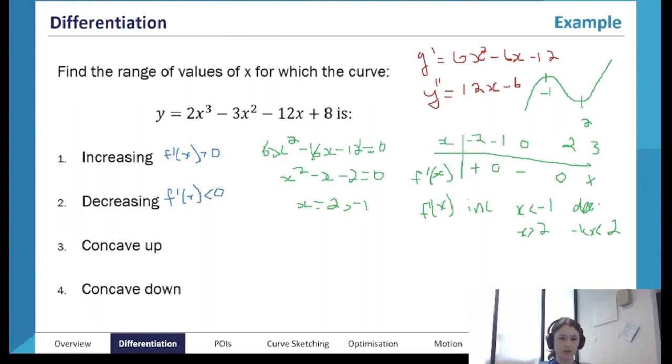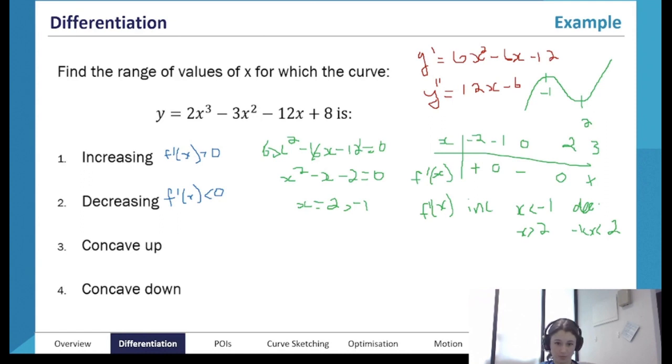Okay, now we're going to use the second derivative to tell us about the concavity of the curve, and hopefully this kind of matches up with our visual representation of what we've got so far. So, remember, we can determine if a curve is concave up or concave down based on the value of the second derivative.